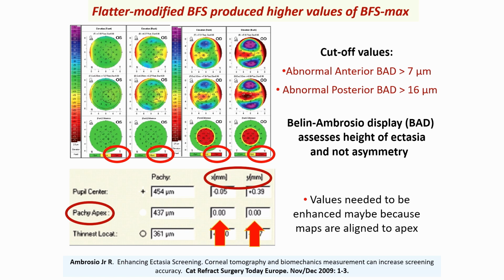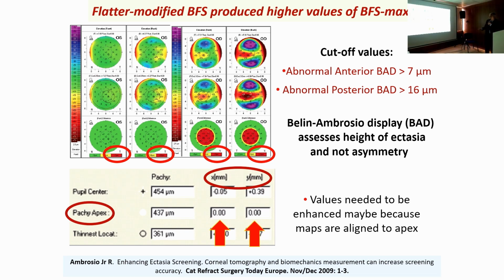But the Belin-Ambrosio display has the cutoff values of 7 and 16 microns, and it modifies the best fit sphere, flattening it to produce a larger maximum best fit sphere.